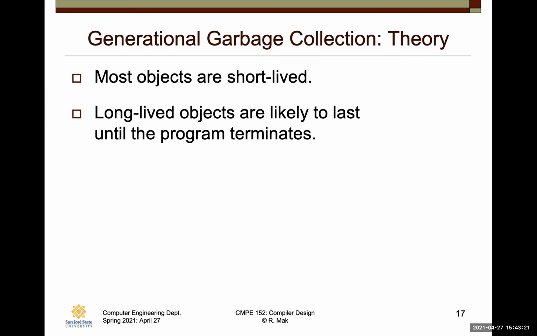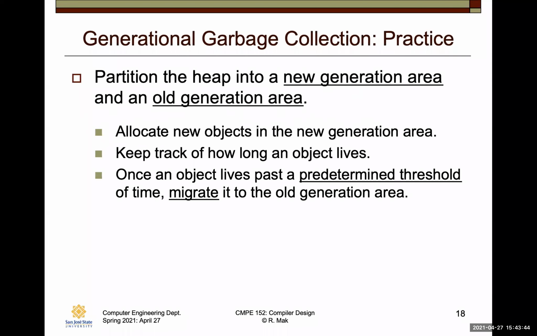Okay, but there are some objects that may live a long time, and if an object that has been allocated in the new generation has lived past a certain predetermined amount of time, the heap manager says, okay, this is a long-lived object, and it moves it into the old generation area.